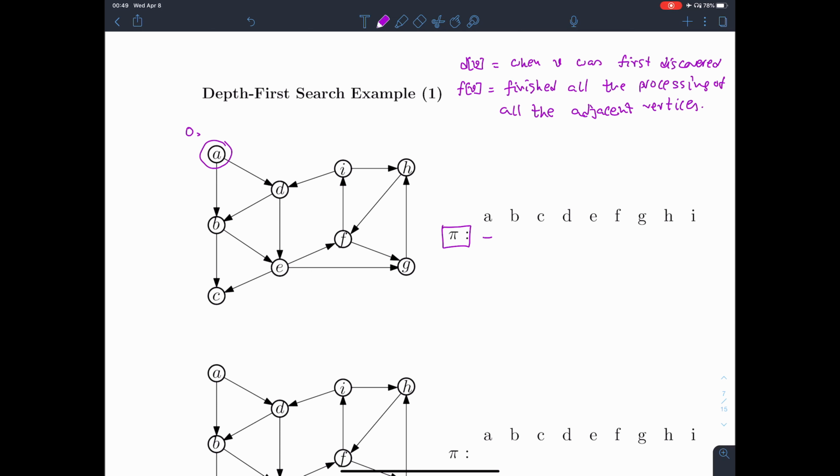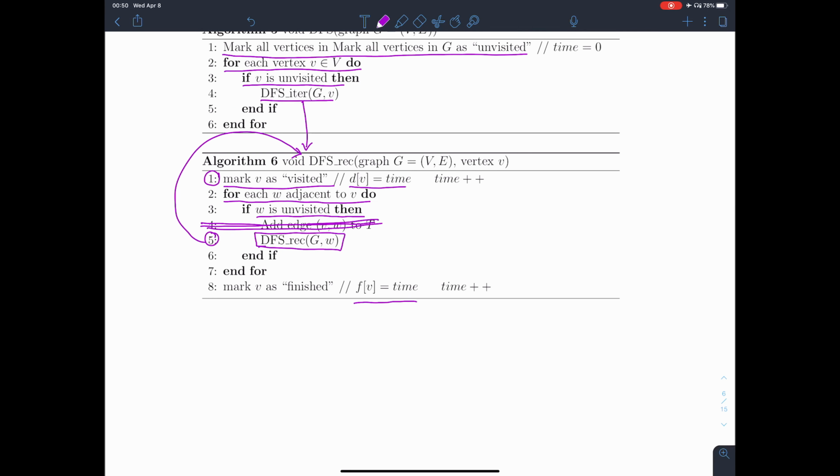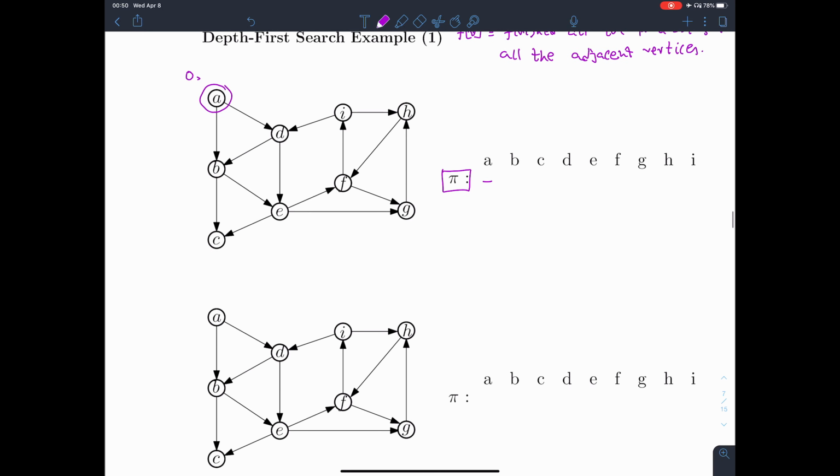Then we should look for the adjacent vertices. What are the adjacent vertices of A? The adjacent vertices of A are B and D. Here we will call the same function again with the adjacent vertex which comes first alphabetically and which is not visited.